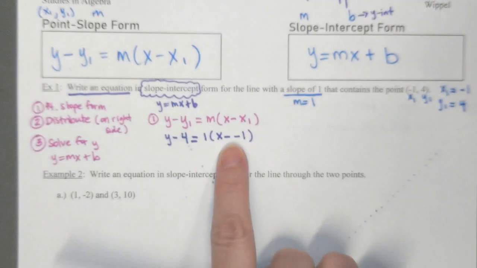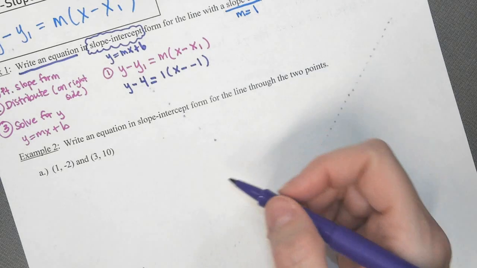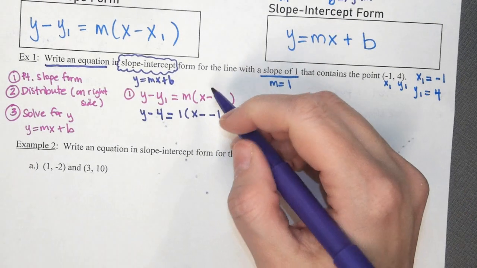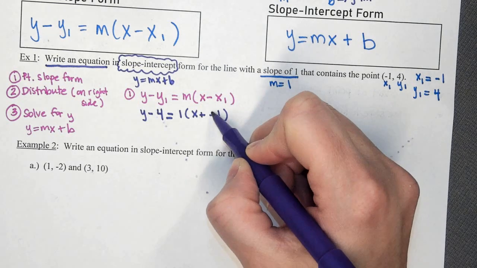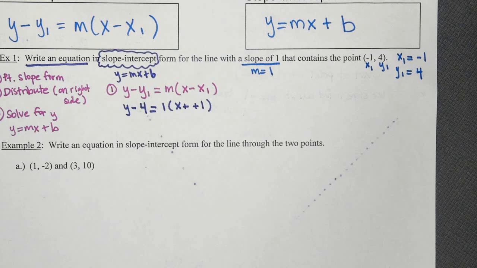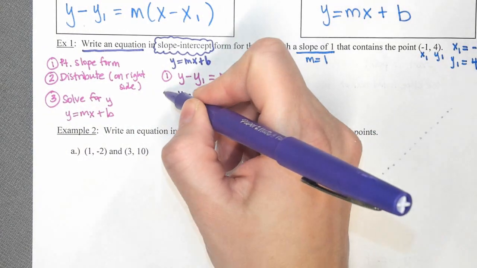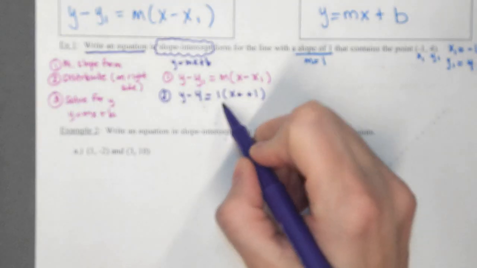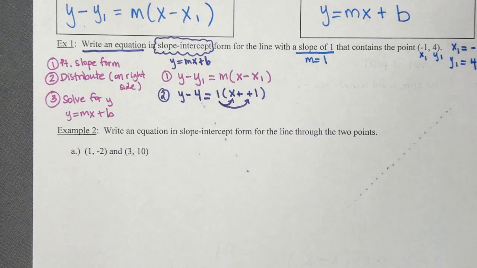Now, another thing we reviewed yesterday is when you have minus and negative, that changes to a what? Plus a positive. So you have the double negatives, you're going to change it to positive. Okay, and then in step 2, it says distribute. So for step 2, when you distribute, you're going to multiply by 1.